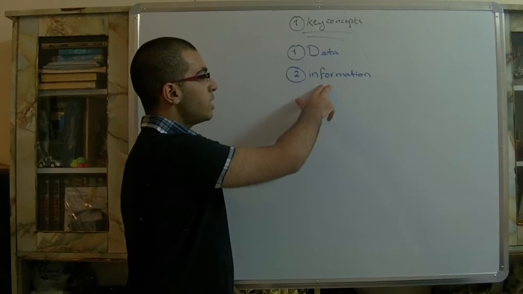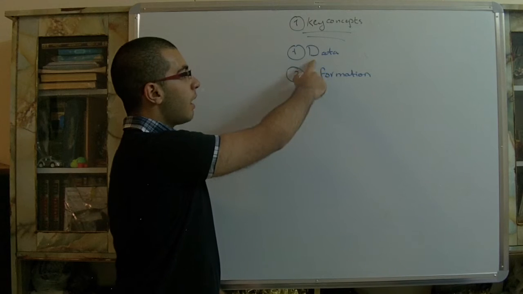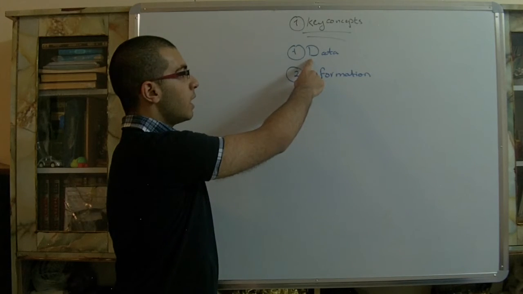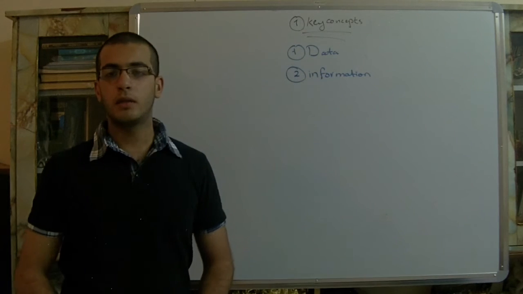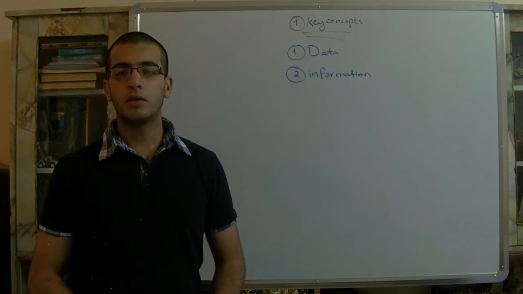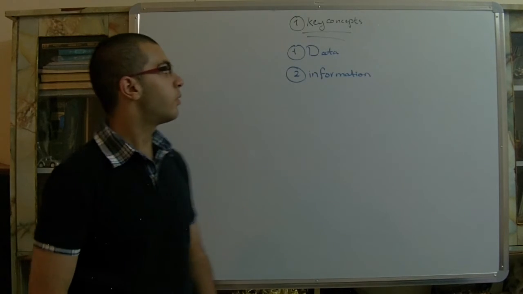Information is the result of the processing of data in order to extract their content or what they refer to, such as signs and so on.